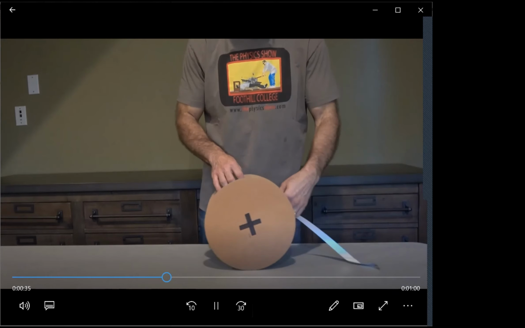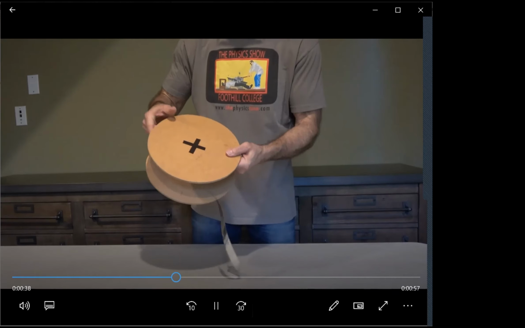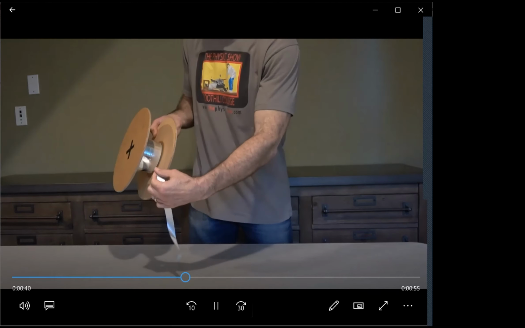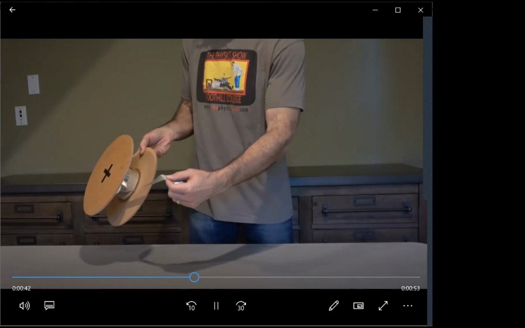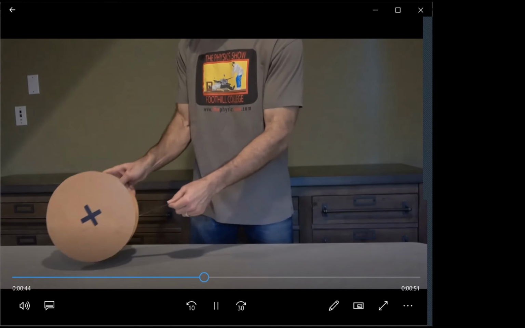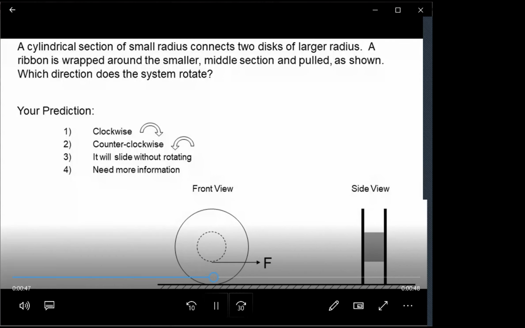Now I'll orient it slightly differently so the ribbon comes off the bottom of the axle. Pause the video and predict what's going to happen when I pull the ribbon.